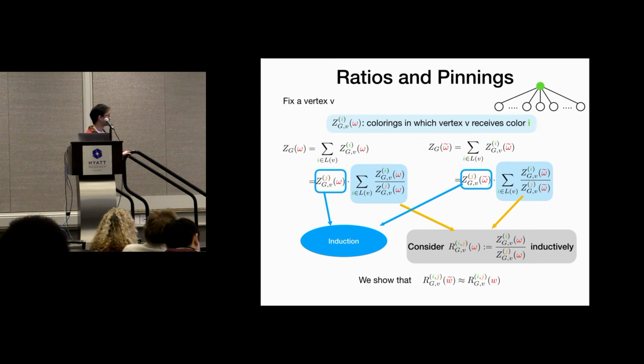So suppose that we can control these two quantities. Suppose that we can control the restricted partition function through induction, and moreover, we can show that these ratios are approximately equal. Then we will be in good shape. Okay, so how do we do that?